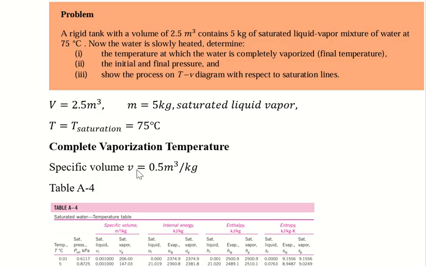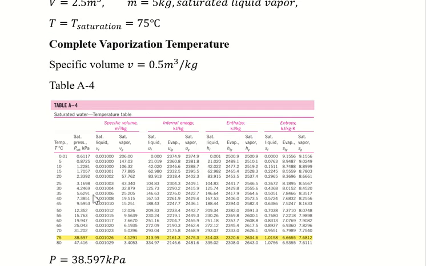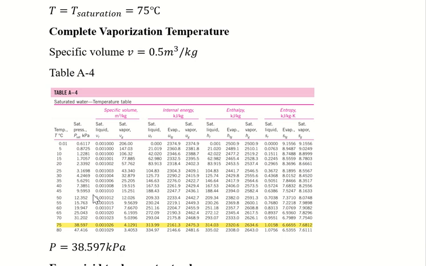So we use table A4. We investigate for saturation properties. From table A4, we're going to check at 75.